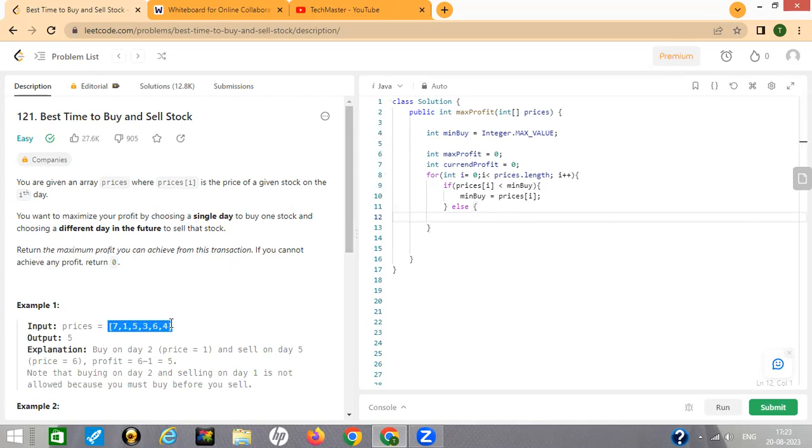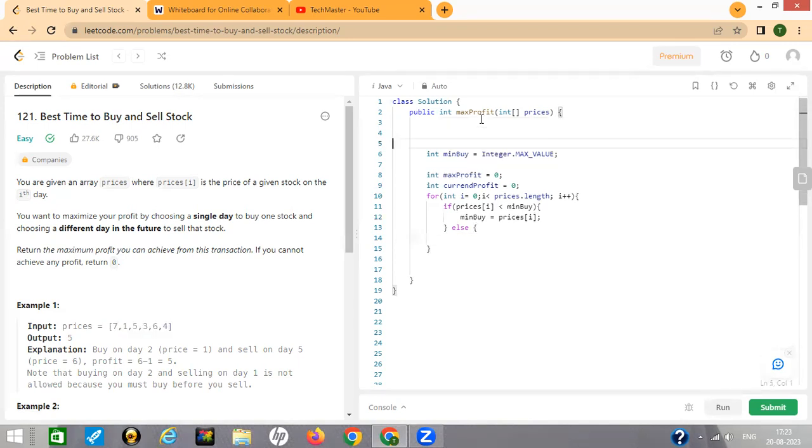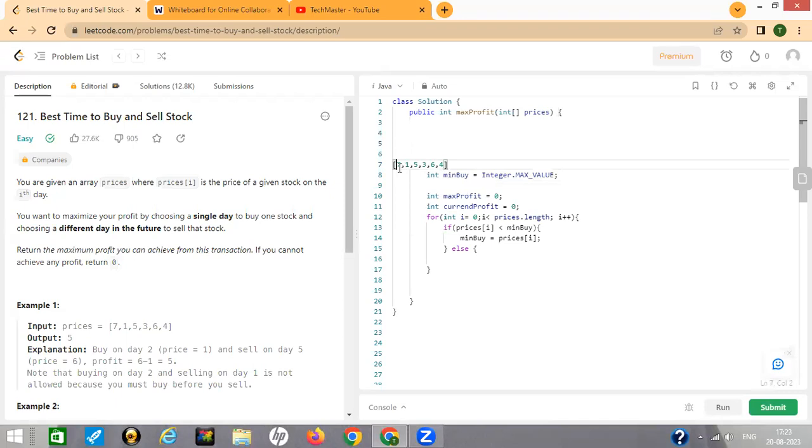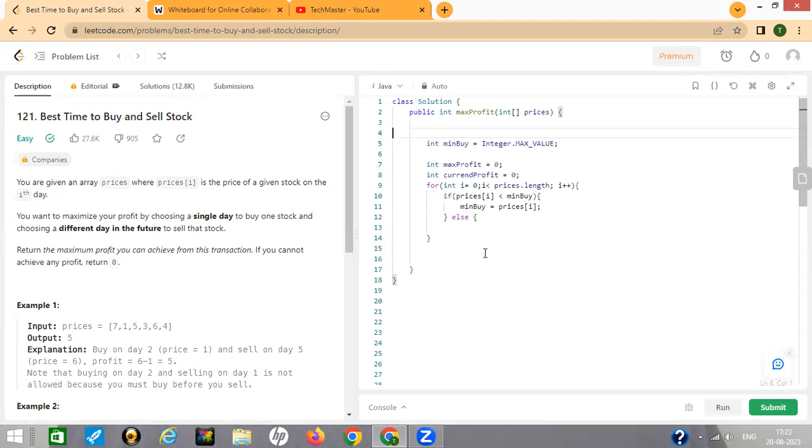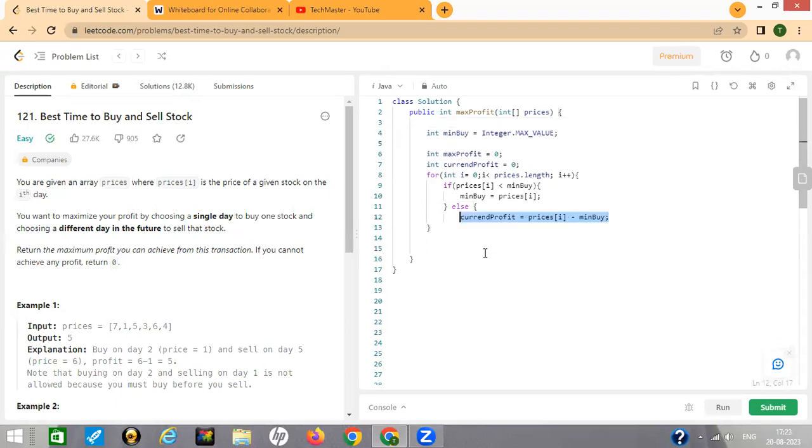The example that we took, I'll just put it here. So initially it will be assigned 7, and else, if we already have the minimum price, we will see what profit we are making. So we will have some current profit.